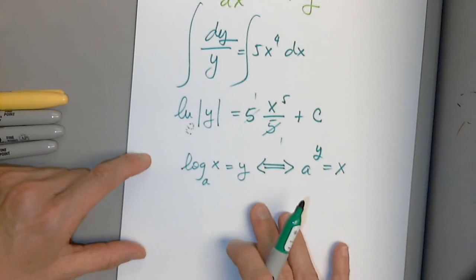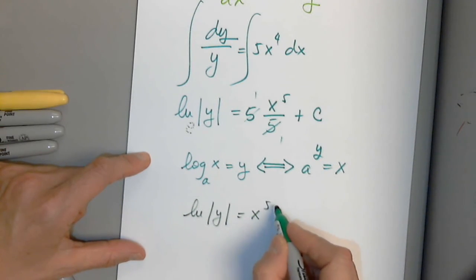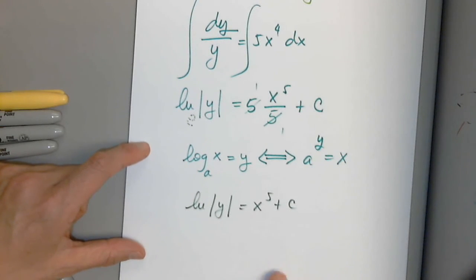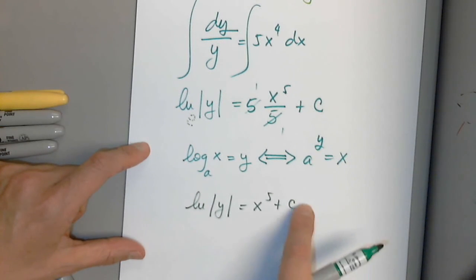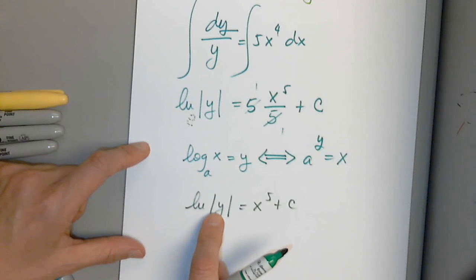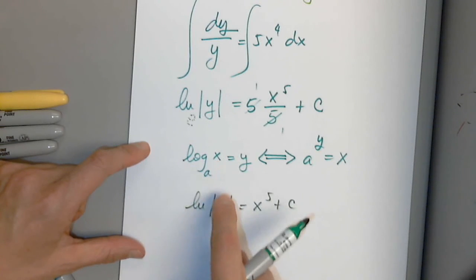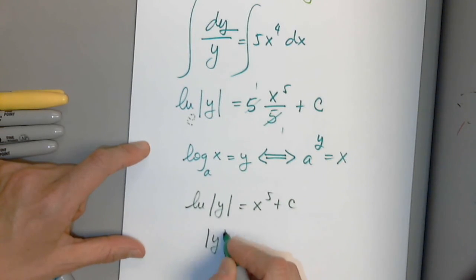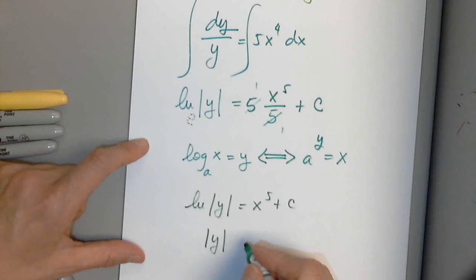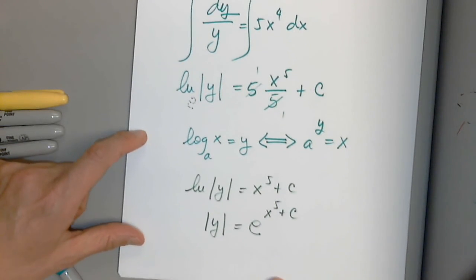So I have to change this equation from natural log of the absolute value of y as x to the fifth plus c, as e raised to this equals the absolute value of y. E raised to the other side equals this. So the absolute value of y will be e raised to x to the fifth plus a constant c.